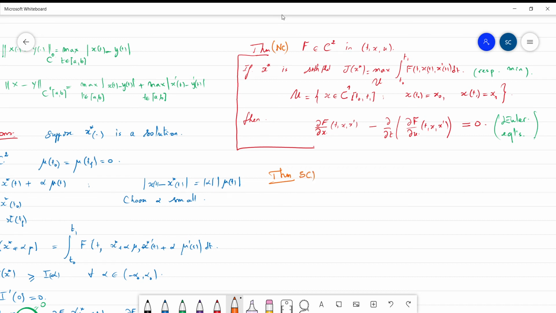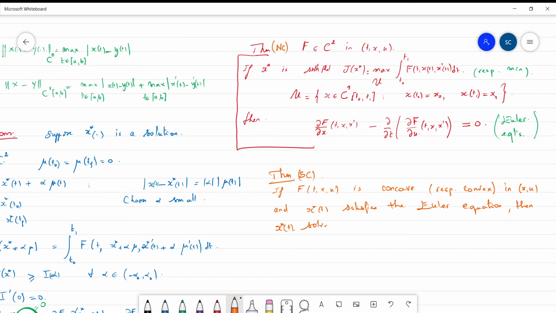Here are the sufficient conditions. Under the same assumption of regularity, if f of t, x, u is concave, respectively convex, in the variables x and u, and if x star of t satisfies the Euler equation, then this x star solves the maximization problem, respectively the minimization problem.